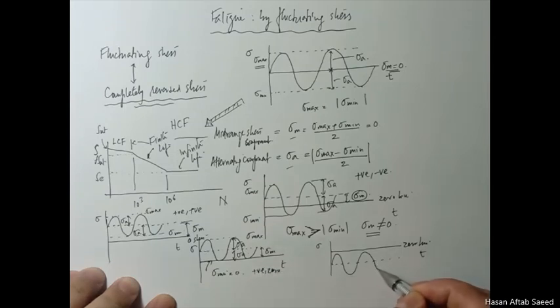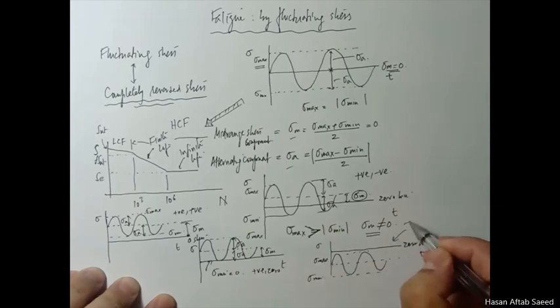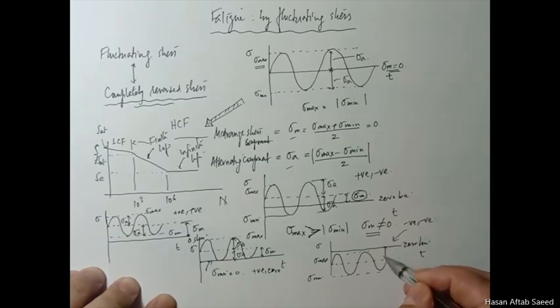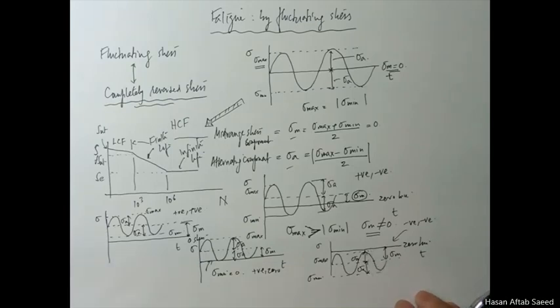This system, again all the characteristics are the same, but in this case sigma max, sigma min, both are negative. So let's call this negative negative. But again you'll have a value of sigma m which is non-zero, and you have sigma a, and then you have sigma a will be above it or below it. So this is what we are going to study now.